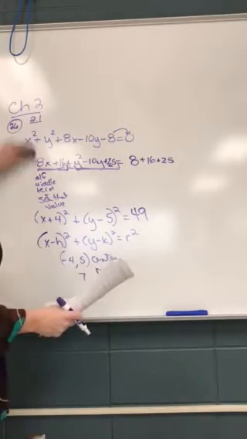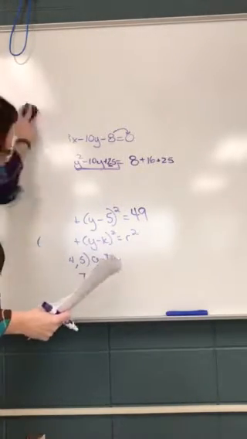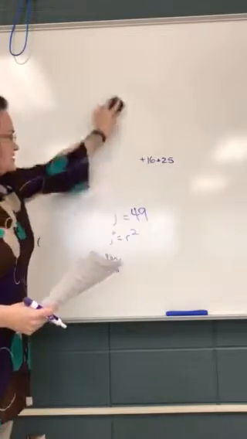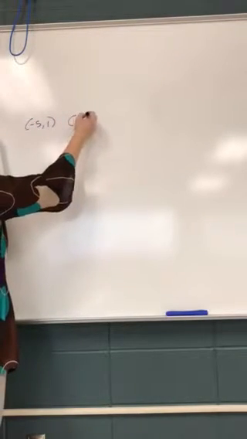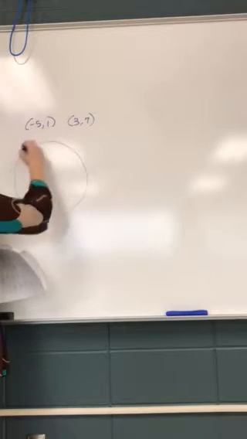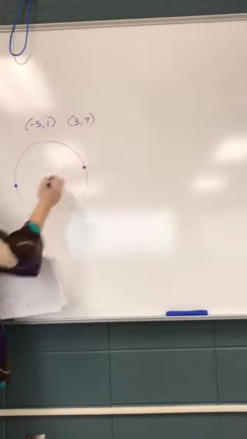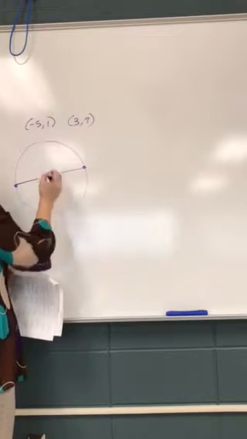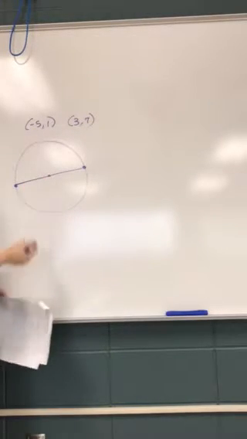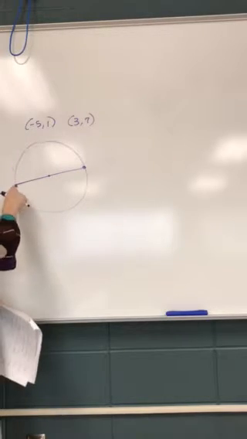Okay, the next problem, number 27, is also of this type. We're going to use the center radius format on it as well, but we're going to kind of work it backwards. It gives us 2 points. It says these 2 points would be endpoints of a diameter of a circle. So the diameter would go through the center, and the center would be the midpoint of this segment.